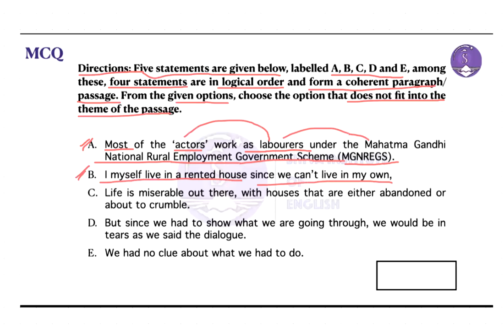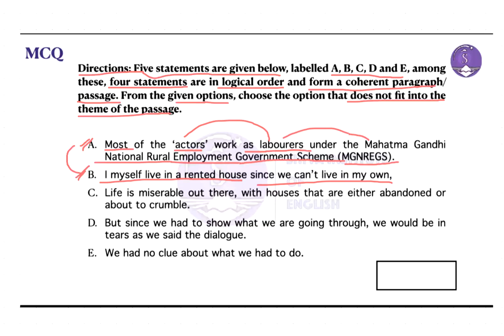Now, understand the difference between option A and option B. Option A stated that most of the actors work as laborers under the MGNREGS. But option B is maybe the speaker or someone else telling his problem by stating that I myself live in a rented house since we can't live in my own, right?